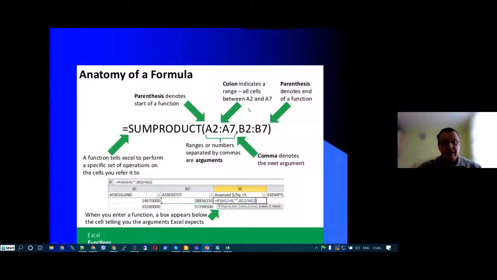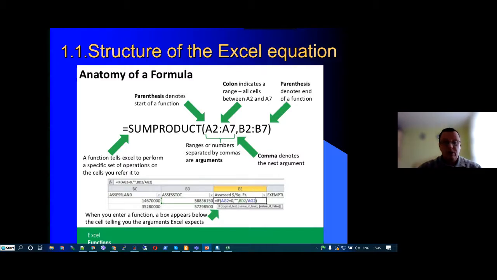Let's consider the anatomy of a formula and function in Excel in a little more detail. Especially, I will concentrate on the usage of functions.